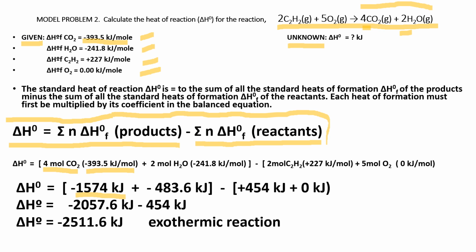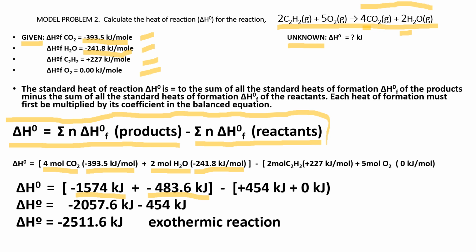And then another product is 2 moles of water times the heat of formation of water, which is also given here, negative 241.8 kilojoules. And when you multiply that, 2 times negative 241.8, the answer is negative 483.6 kilojoules.